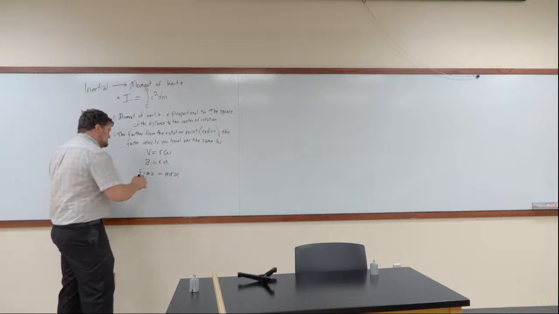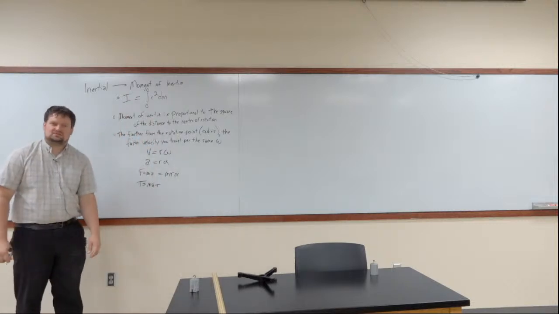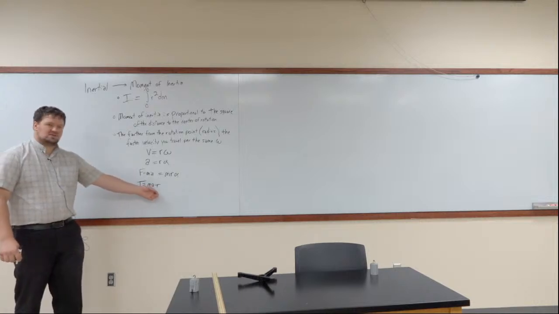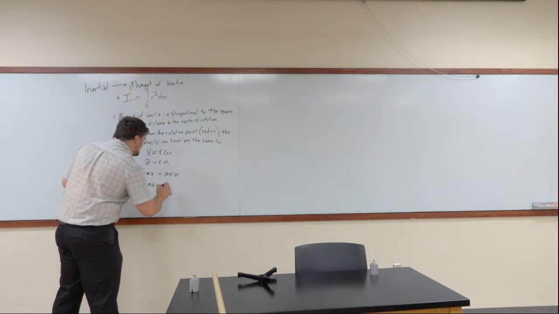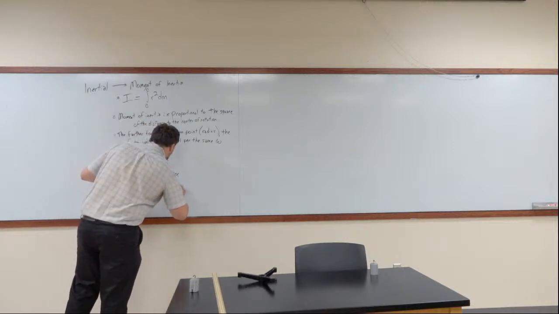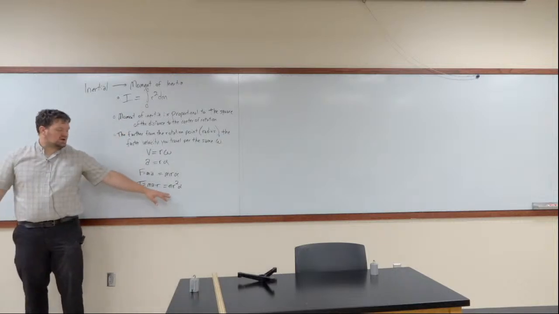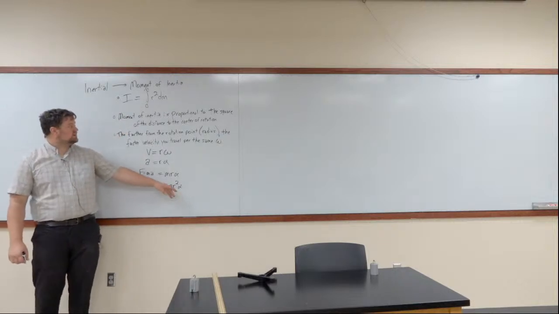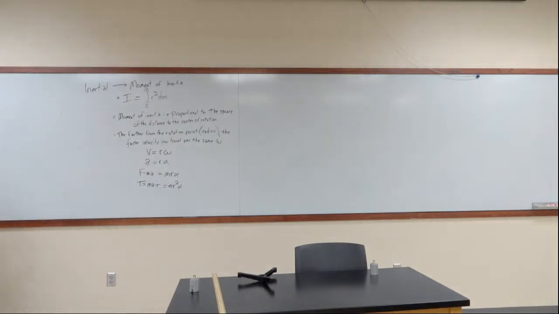Now if we look at it as a torque, torque is a force times a radius. If we plug in this value for a, what we get is m r squared alpha. Mr squared here is our moment of inertia. It represents a point mass.